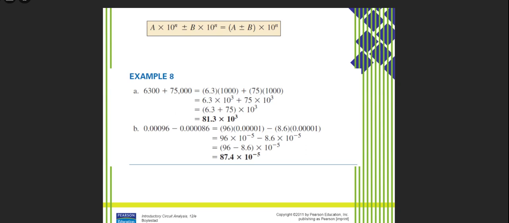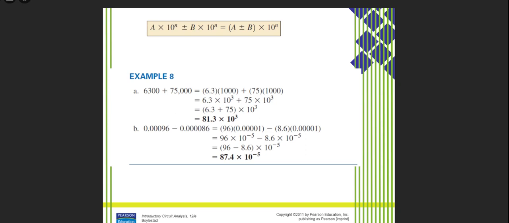But in this case, I will consider the same one, which is 10 power of negative 5. So this one becomes 96, and this one becomes 8.6.